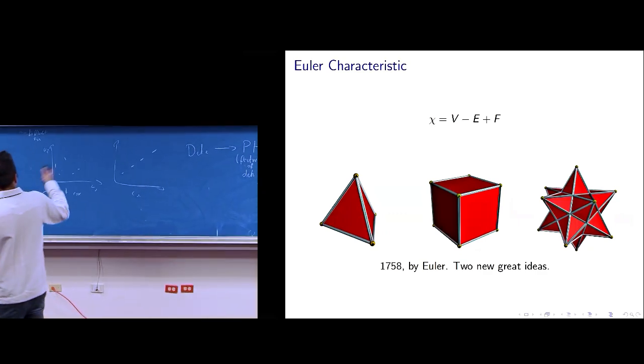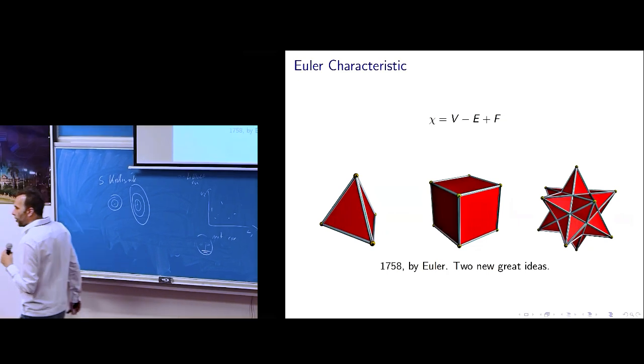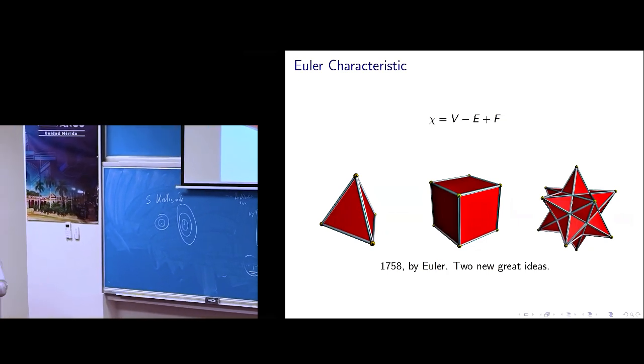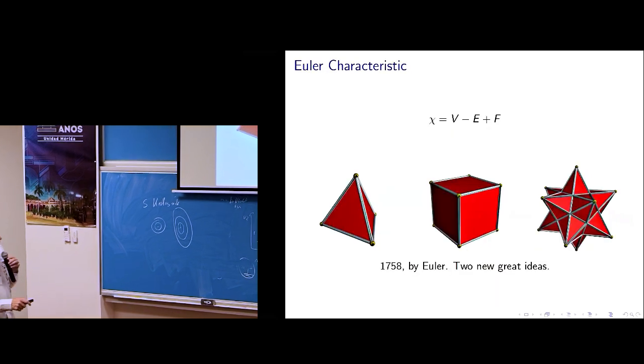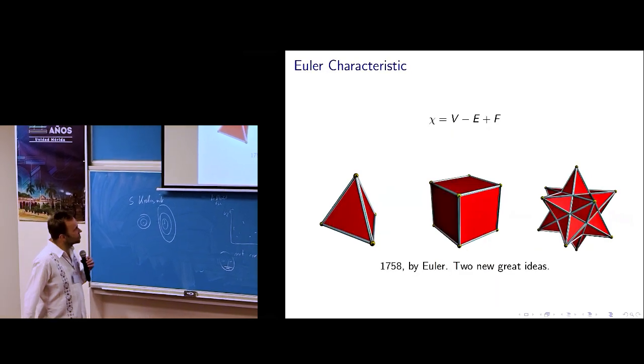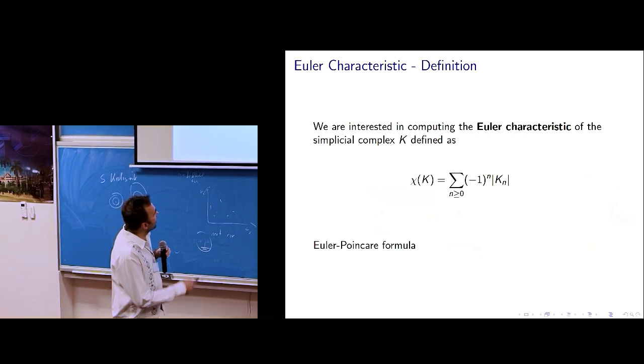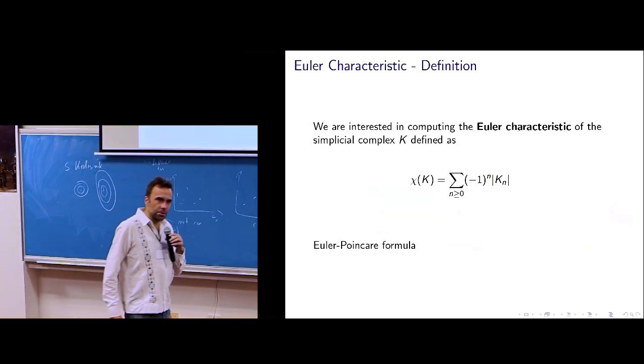Okay. Again, what he contributed with this work is, first of all, Lego blocks, which we already discussed: building complicated spaces from simple pieces. But also this invariant, this characteristic, which we can generalize.